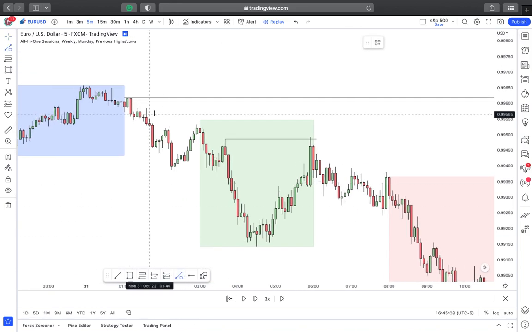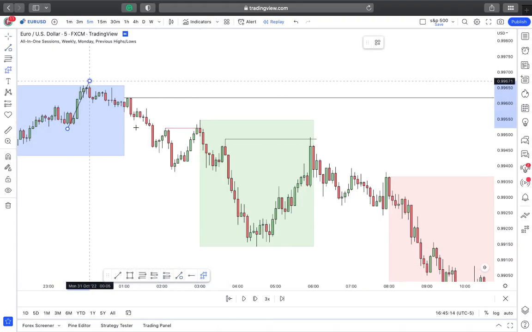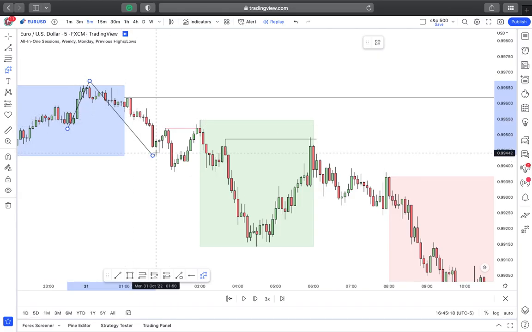So the first, if you were to look, was this, right? So price was moving like this or this, and it clears this highest liquidity and then moves towards the downside, right?